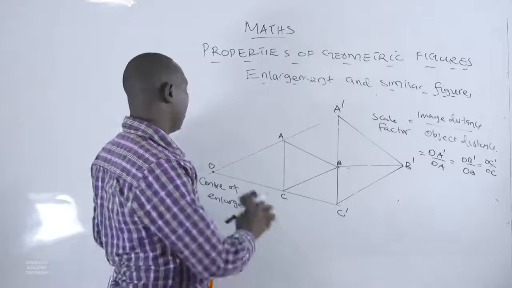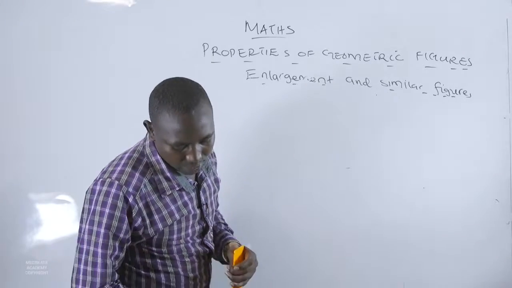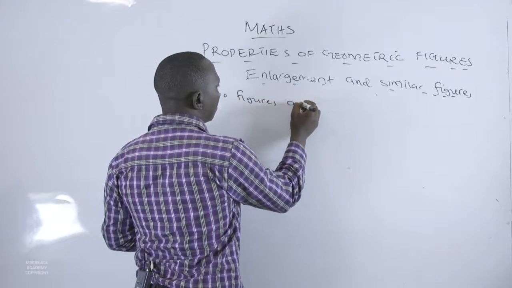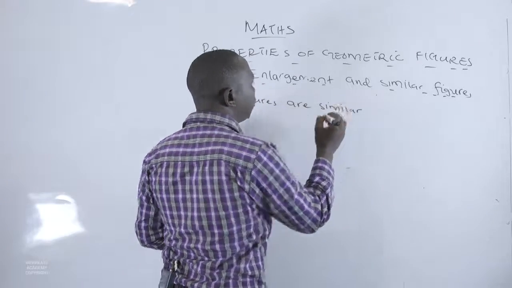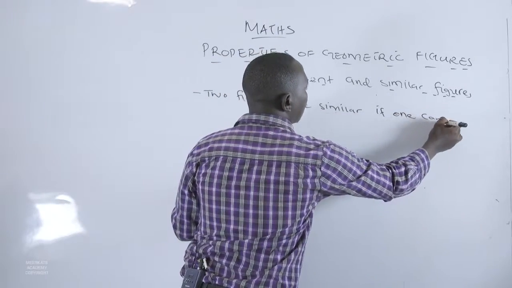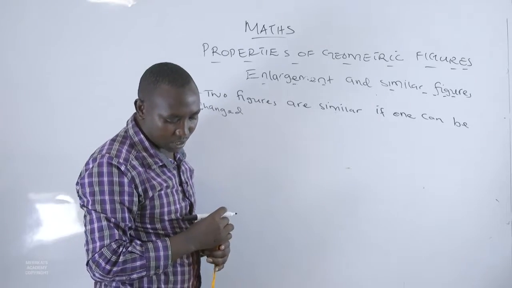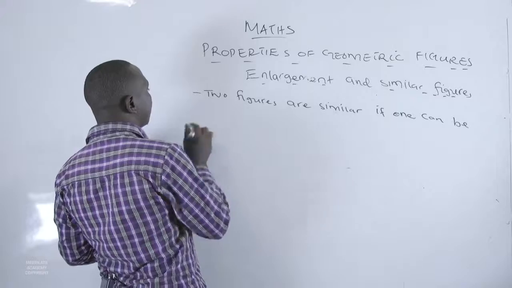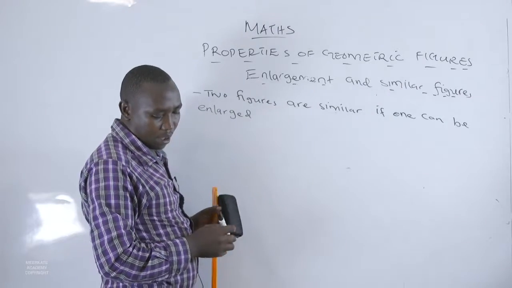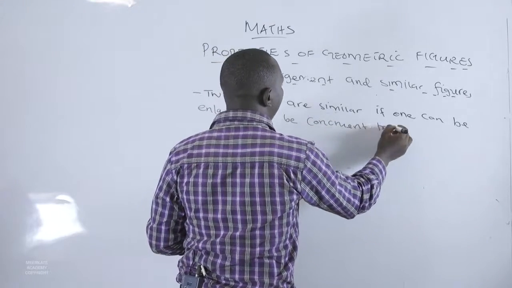The next important thing is that two figures are similar if one can be enlarged to be congruent to the other.